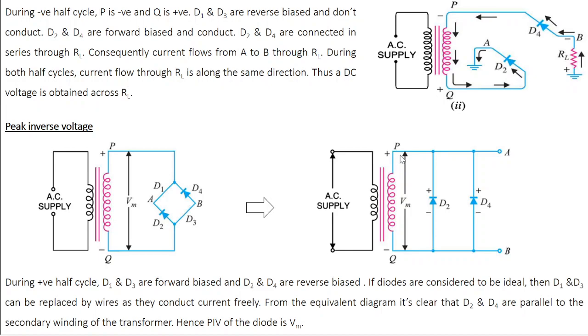If you take the secondary voltage of the transformer as Vm, where m stands for maximum or the peak voltage, the same Vm is going to drop across D2 when it is reverse biased, and the same Vm is going to drop across D4 also when it is reverse biased. So the peak inverse voltage is Vm here.